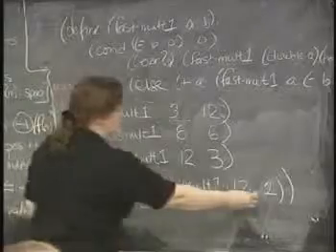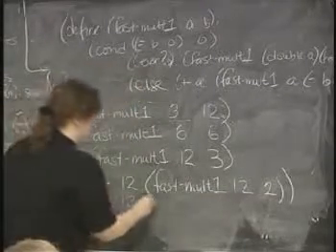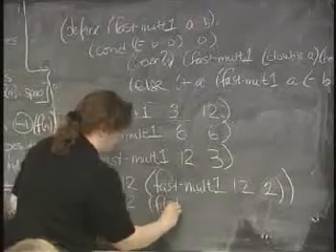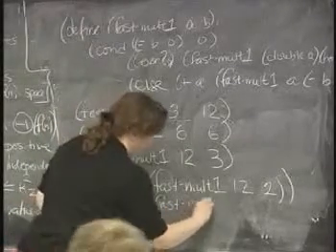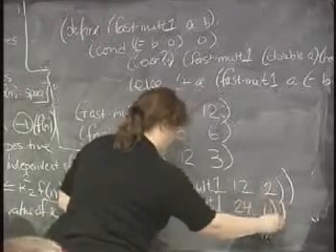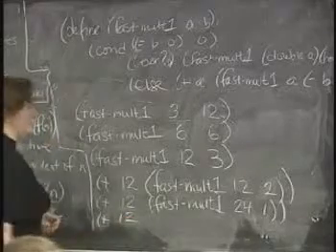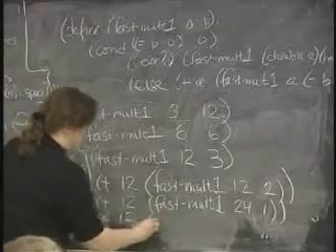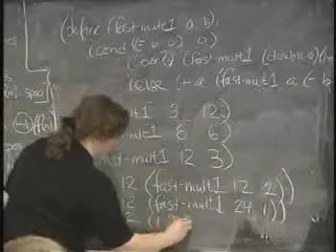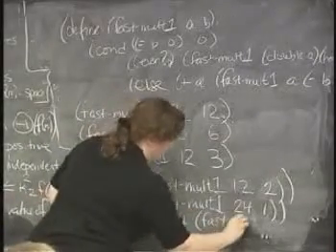Okay, fast mult of 12, 2. 2 is even. Fast mult 1, 24, 1. One is not even, so we add 24 to the fast mult.